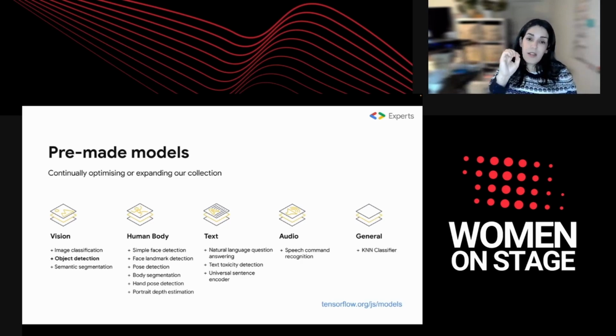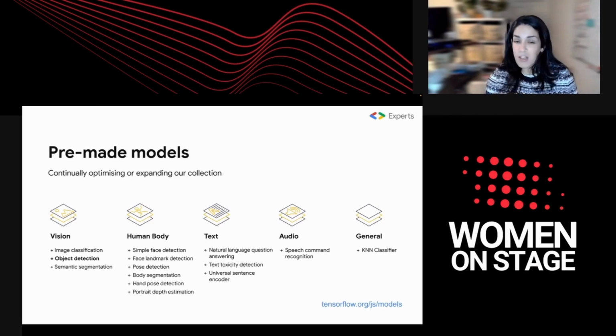Hand pose detection is actually really good as well, and for accessibility, there have been really amazing projects with that. And portrait depth estimation can estimate the depth of a picture, of a portrait, and it's also helpful.